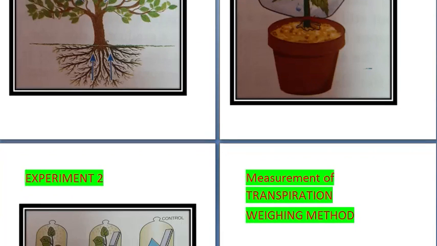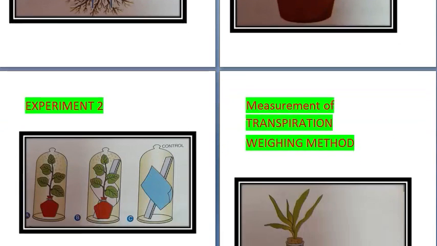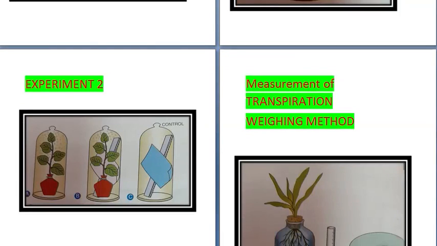Let us see another experiment. In this second experiment, it is a very famous experiment. This is also called the bell jar experiment. In this experiment, 3 bell jars are taken, A, B and C. In the first bell jar, there is a potted plant. The pot is covered with polythene and tied securely so that no water can come from the pot into the bell jar.